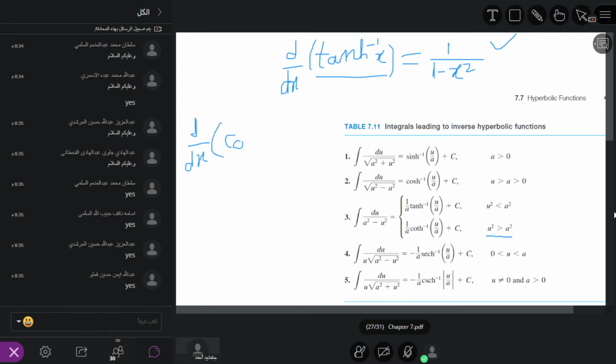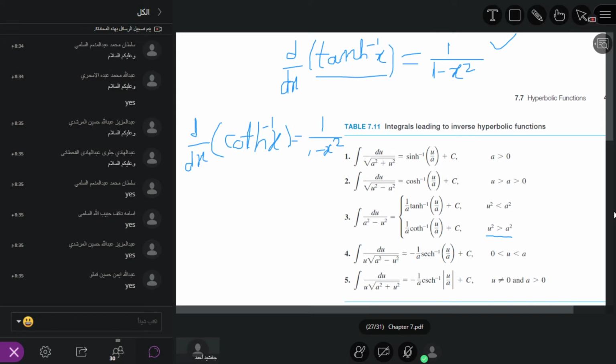It is the same as the previous: the derivative of cotangent hyperbolic inverse x is equal to 1 divided by 1 minus x square.